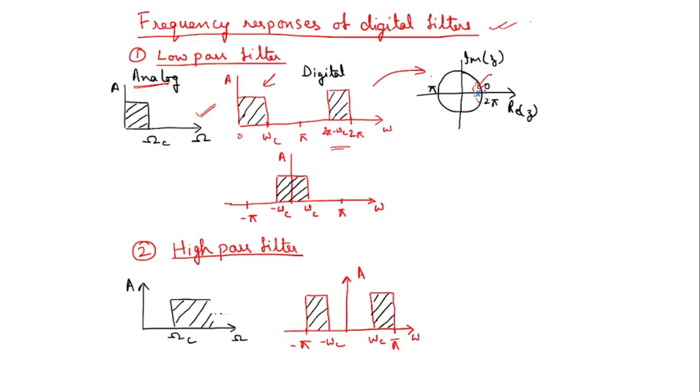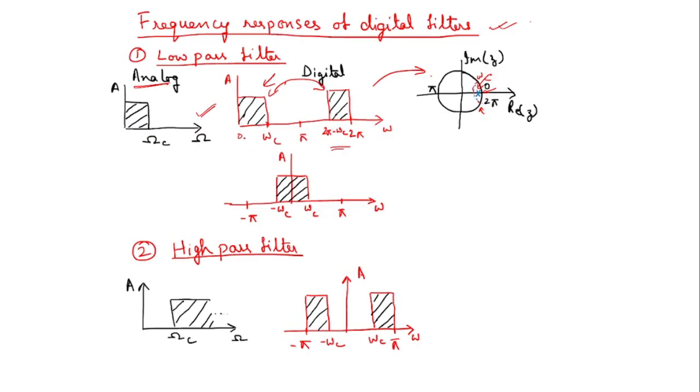If this is 0 and this is omega c, then this one is 2 pi, and this would be 2 pi minus omega c. Okay, so now you will be able to appreciate how and why this mirroring effect comes in the digital domain.